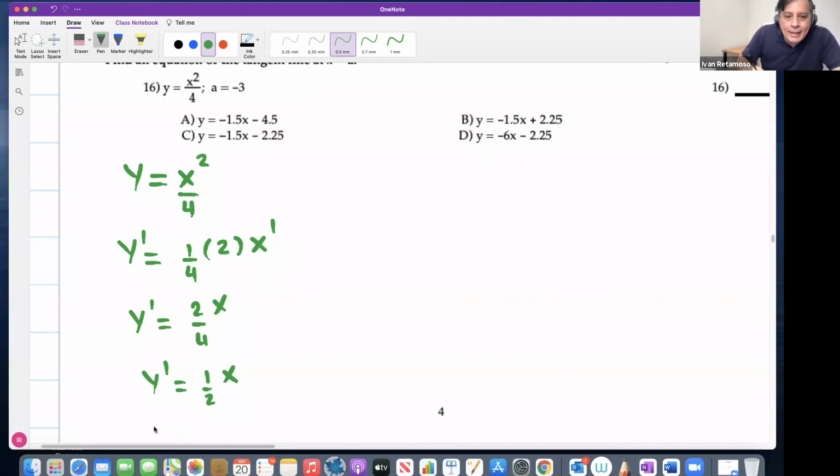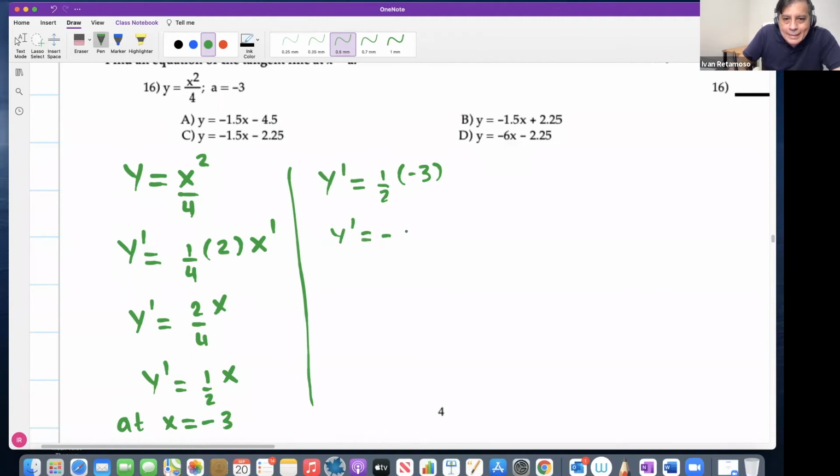So then we say at x equal minus 3, right? At this input value, they want to find the slope. This will be 1/2 of this negative 3, right? But negative 3 times 1 is negative 3 divided by 2, that is negative 1.5, right? That's the slope.